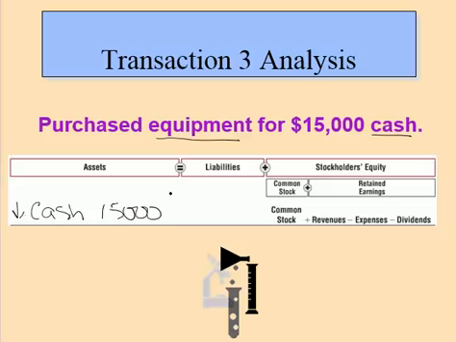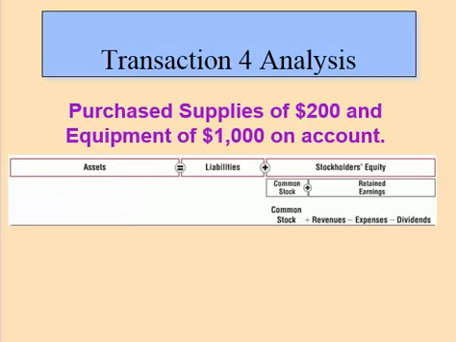Now, in exchange for that cash, what are we getting? We're getting equipment. And equipment, is that an asset, a liability, or equity? Equipment is an asset. It's something we own. It has value. We can sell it at a later time. So my asset, equipment, is going up $15,000. And just like before, all of our transaction happens on one side of the accounting equation, but they do balance each other out.